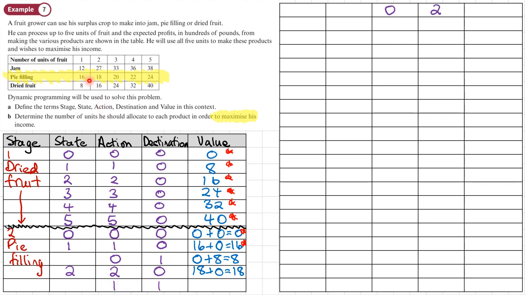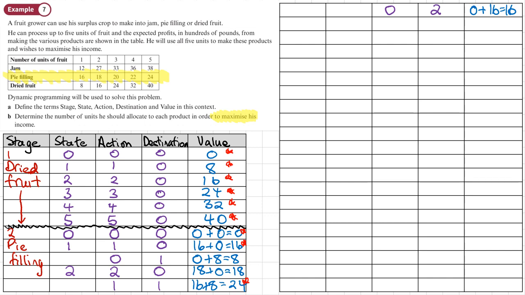So if I use up 1, that's 16. And then if I pass on 1, that's going to be 8. So 16 plus 8, that's going to be 24. And then up here, if I use none and pass on 2, so if I use none, that's going to be a value of 0. And then if I pass on 2 to use here, that's going to be 16. So 0 plus 16 is going to be 16. I star the highest one, and that's going to be the 24. That's here.